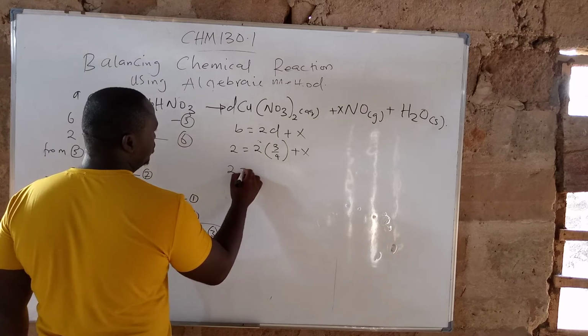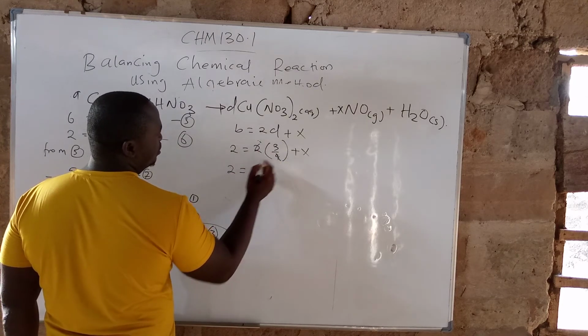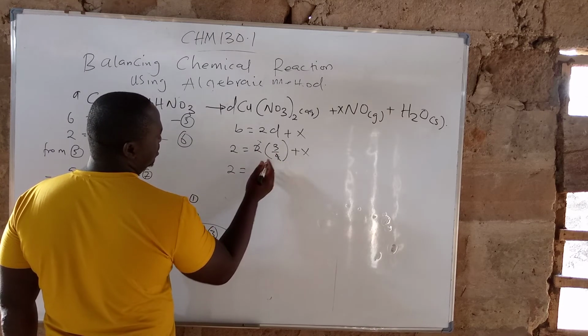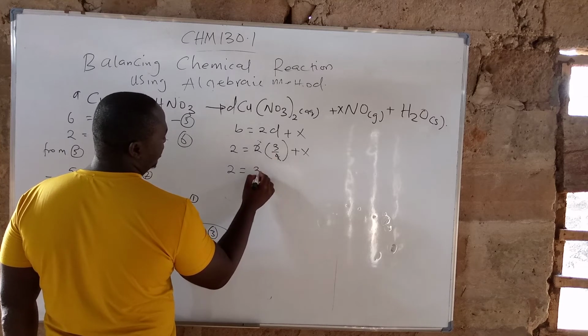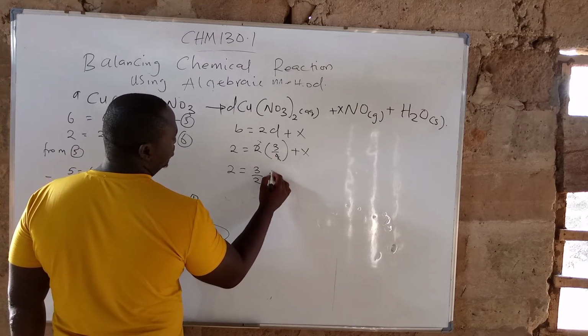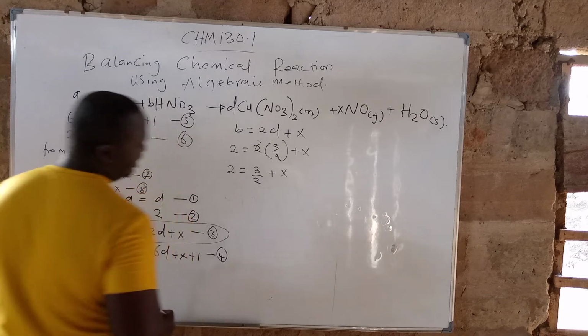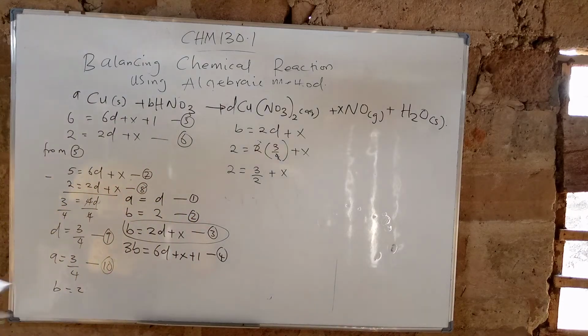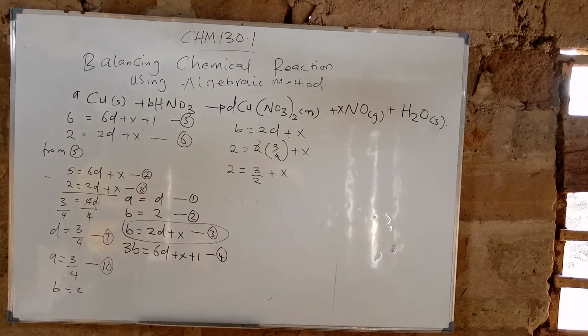So we have 2 is equal to 3 all over 2 plus X, right? Good.